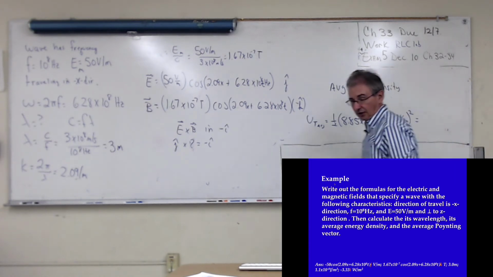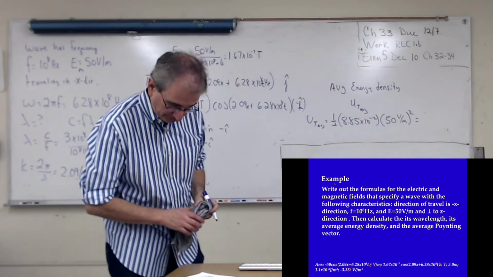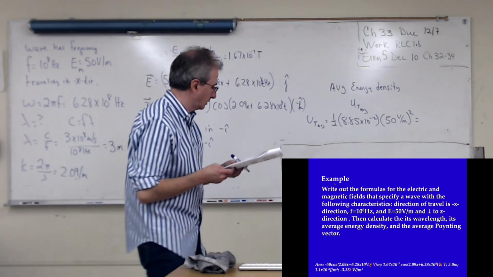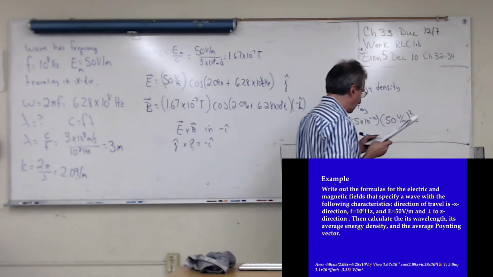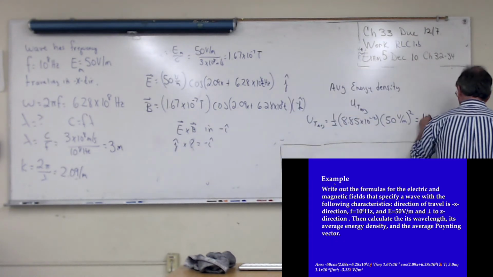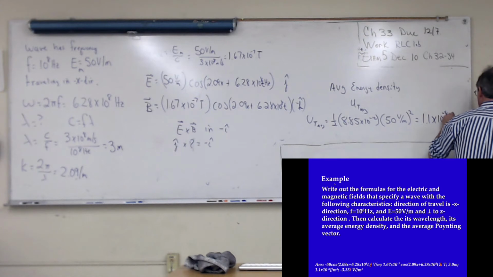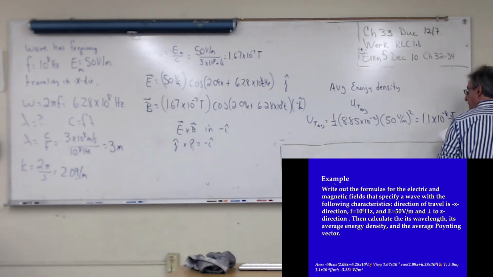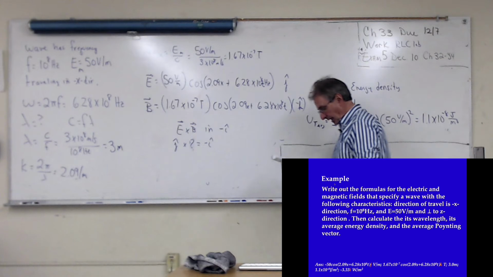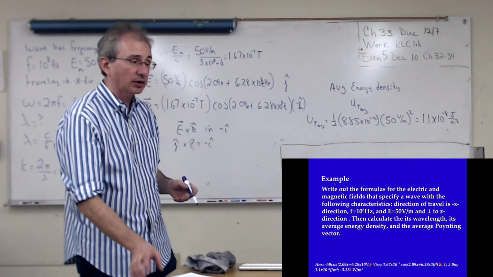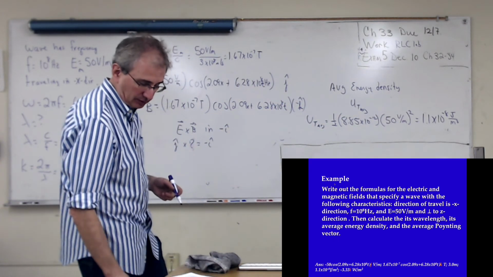I'm running out of space, so I can't write all the units down. Let me see if I have that value written down. Yeah, I have 1.1 times 10 to the minus 8 joules per meter cubed. And then the last item is the Poynting vector, the average Poynting vector, which will give me the intensity.